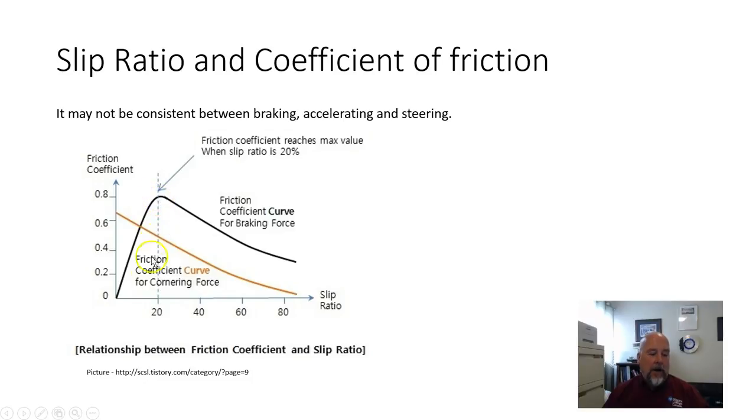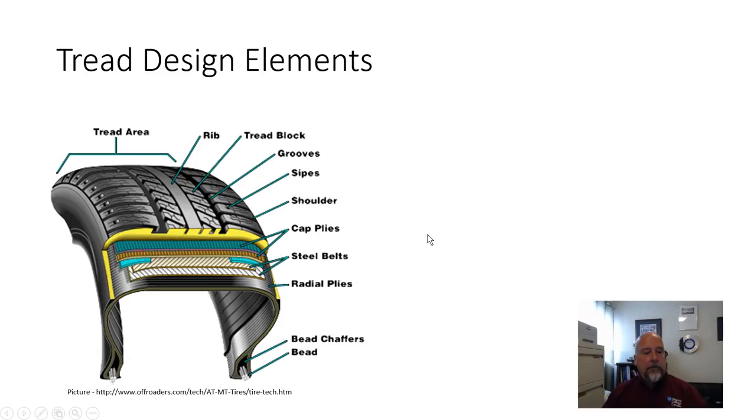So right here around 20% is where you have the maximum capability to accelerate and decelerate. But if you think of turning, you can only turn the steering wheel so far. And the more the wheels are slipping, the less the vehicle is actually turning. Okay, so the loads are a little bit different depending on which direction you're applying them.